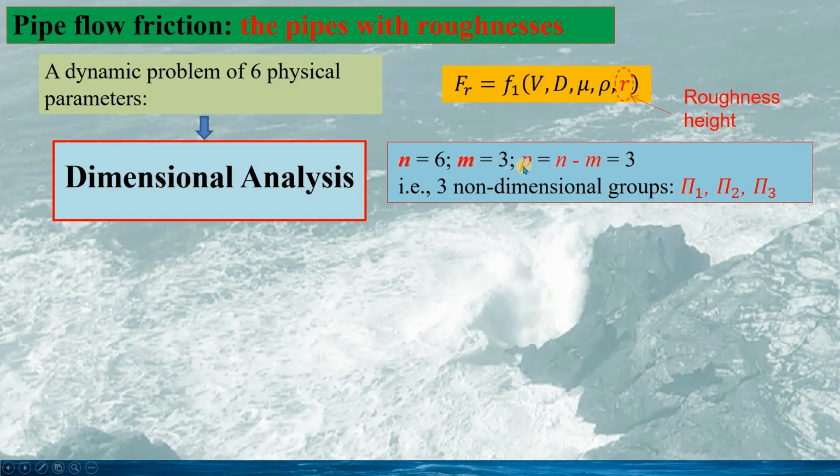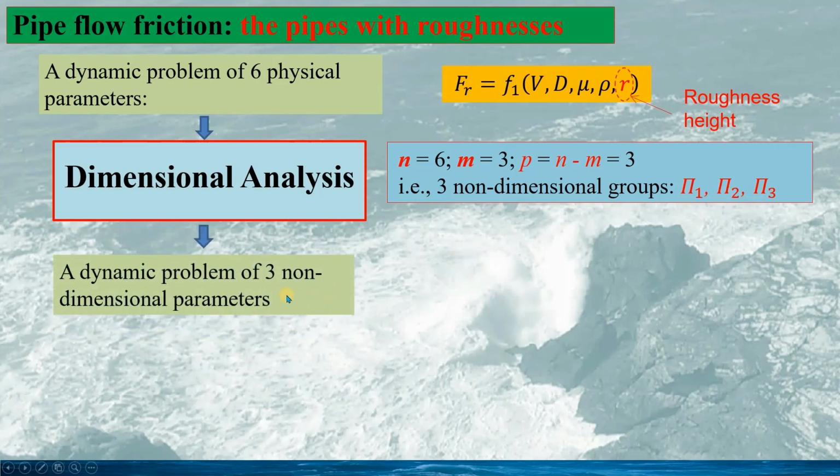And then we have P equaling N minus M, equaling 3. That means this problem would have 3 non-dimensional groups, pi 1, pi 2, and pi 3. That means the dynamic problem is reduced to a dynamic problem of 3 non-dimensional parameters.